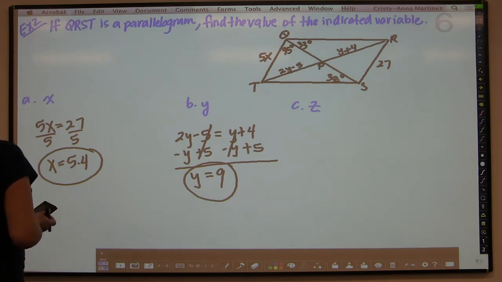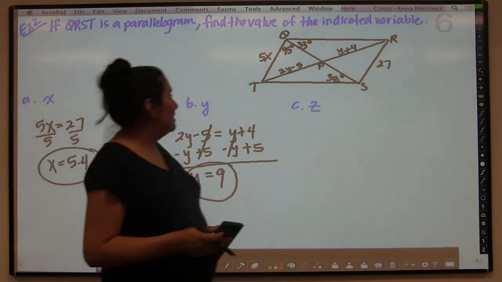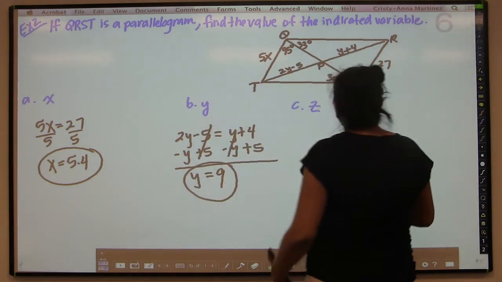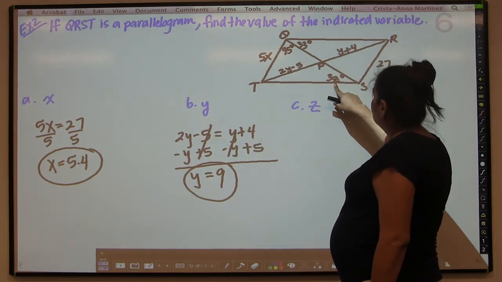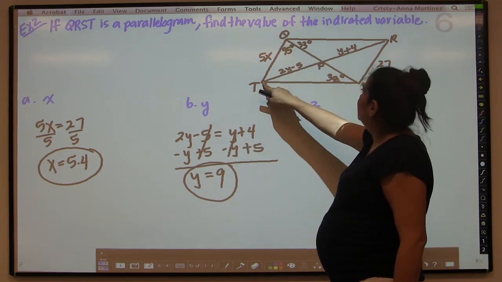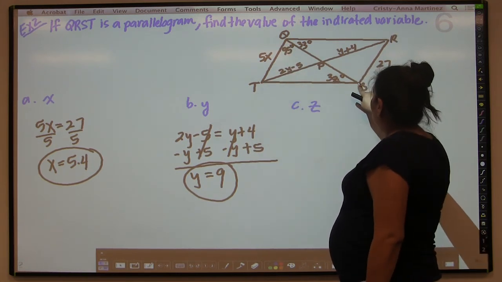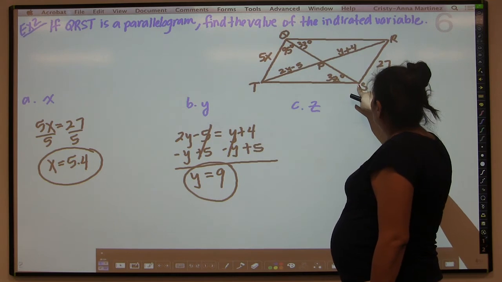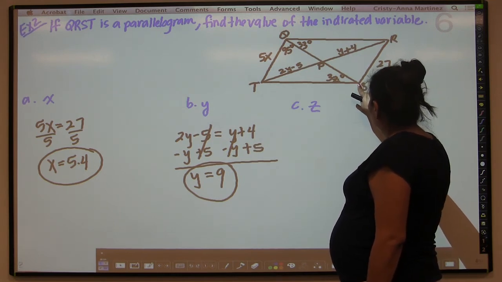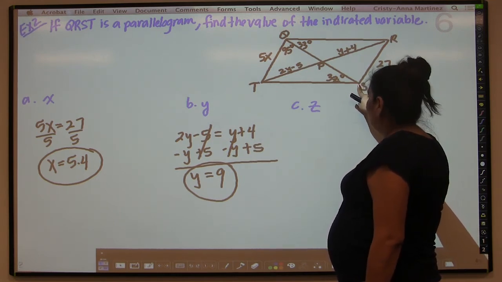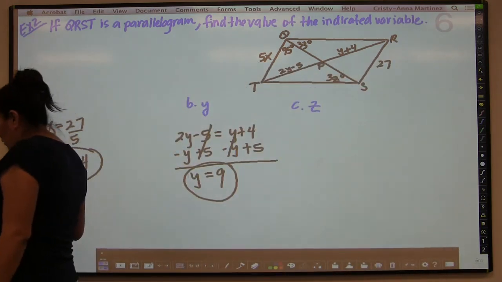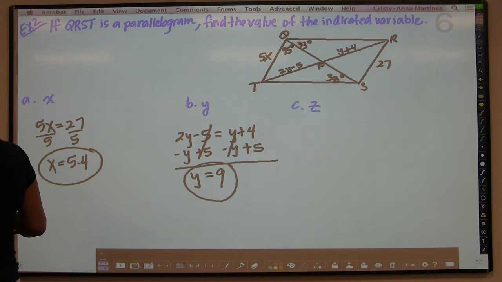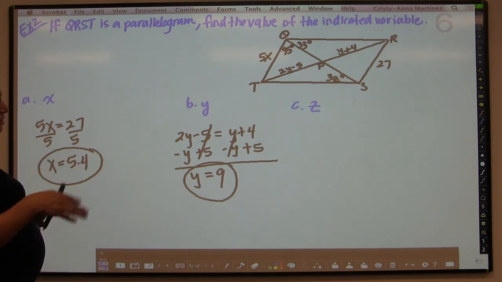And then we have to find part Z. So let's see, where is Z? So here we have 3z. And so we have a triangle here, Q, T, and S. But we also know that if this is in fact a parallelogram, the whole point of it being a parallelogram is the fact that opposite sides are parallel.